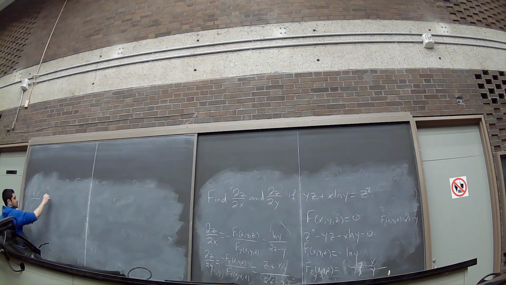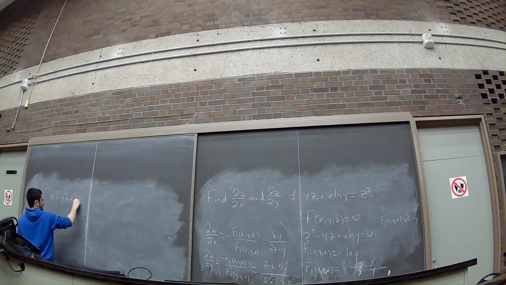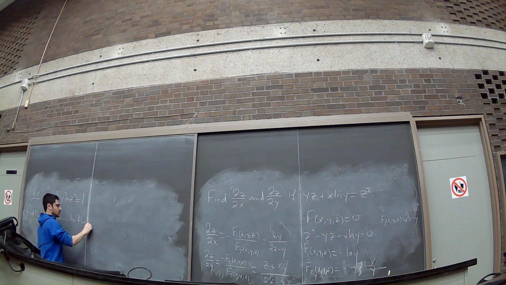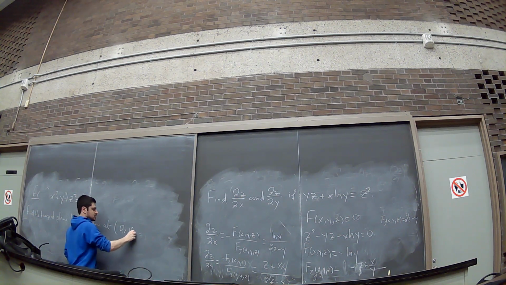Suppose that x squared plus y squared plus z squared is equal to 1. And I tell you to find the tangent plane to this sphere at (0, 0, 1).